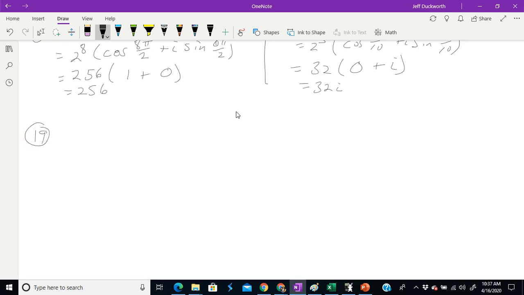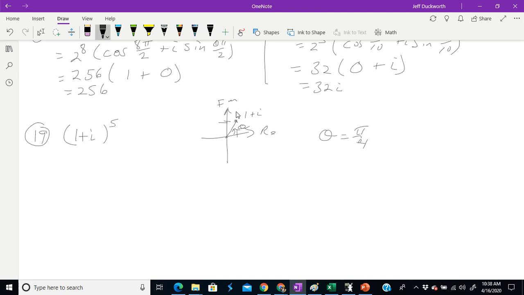Number 19 is actually one we've dealt with before. Not the 5th power, but 1 plus i we've done. So quick little sketch. Your point is going to be here, so 1 on the reals and 1 on the imaginaries. Okay, and that is a 45-degree angle, so theta is pi by 4.